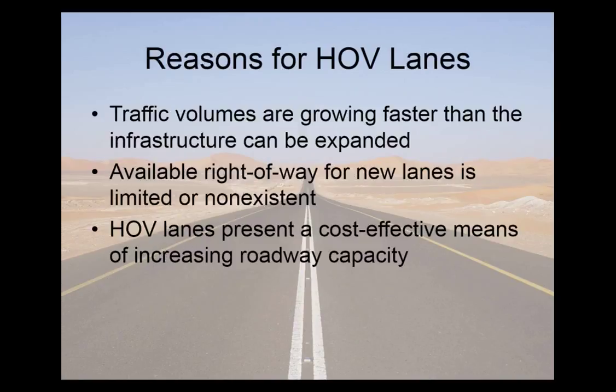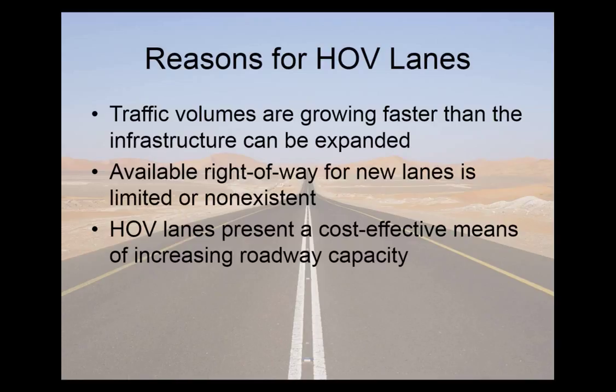You may be wondering why we would want to implement HOV lanes. Basically, traffic volumes in this country are growing at a very fast rate, much faster than the infrastructure can be expanded to keep up with them. The available right-of-way, that is the land available for new lanes, is very limited or non-existent, especially for arterials, since the development around them limits the land that can be used for expanding roads.